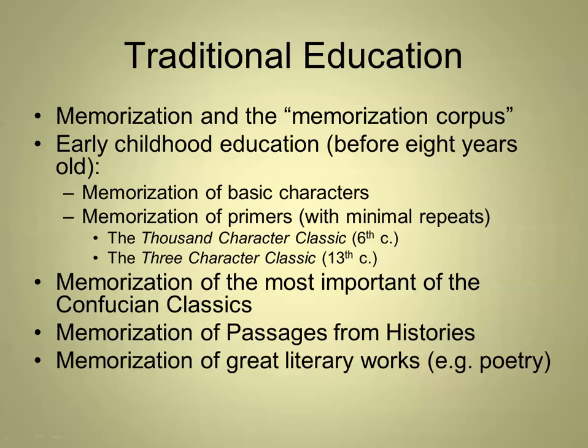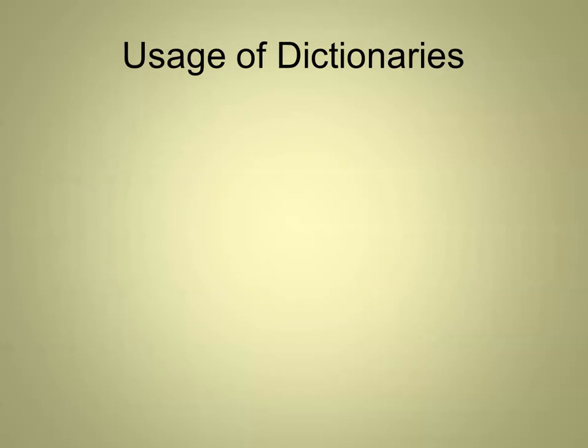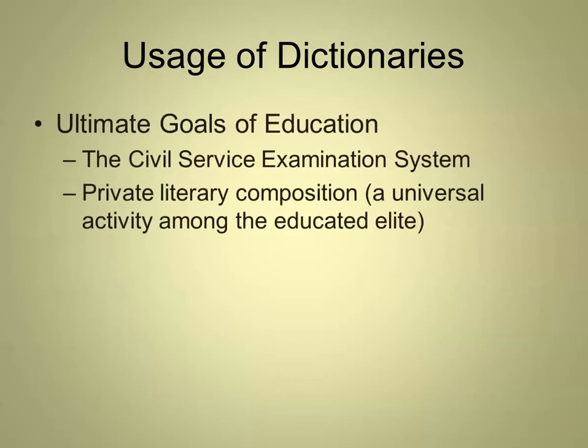Now, why would they be doing this? This is hard work, memorizing all this material. Well, there was a goal. The final goal was to take and to pass, or to take and do well, on the civil service examination. The civil service examination has its origins really back in early Chinese history.